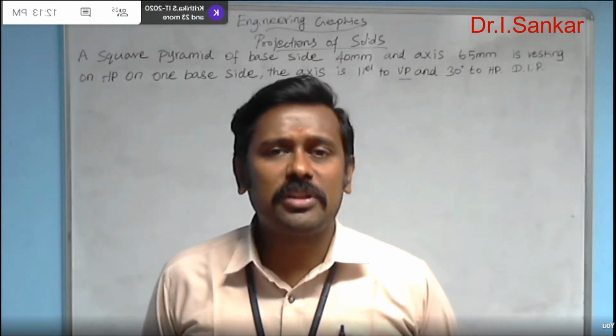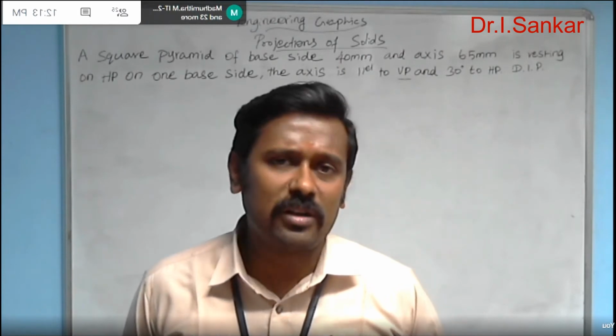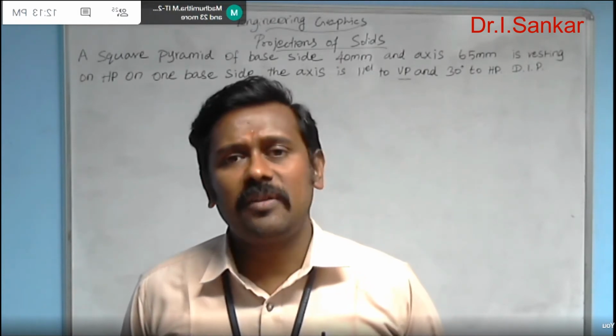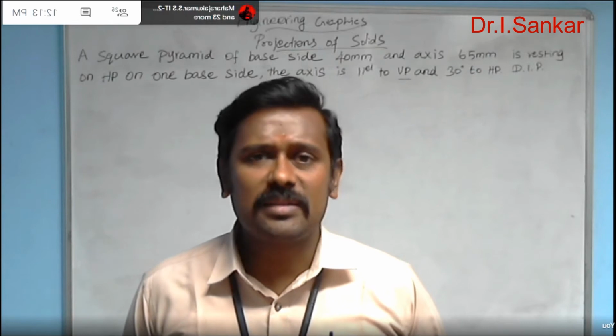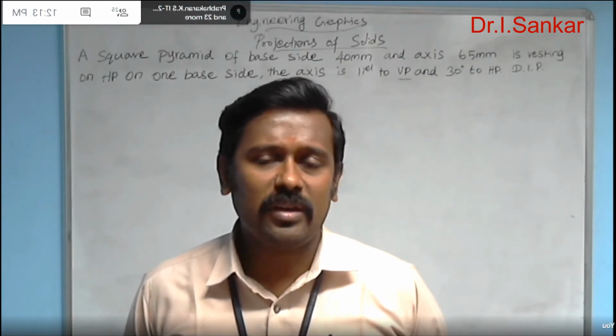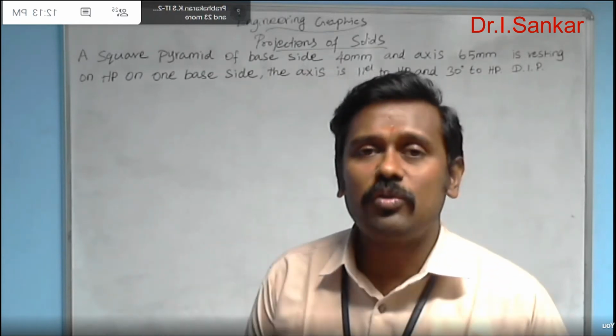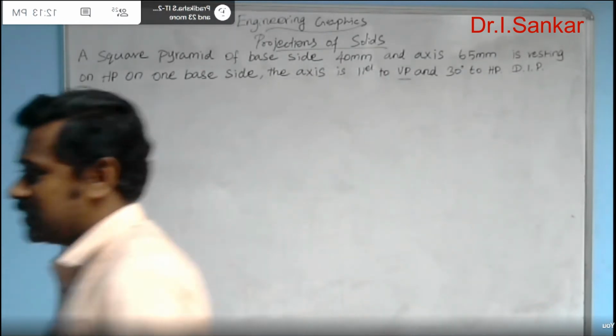By this method, first you need to draw the simple projection of the solid, the simple front and top view of the solid. Thereafter, by using that simple projection, you can go for the final projection. How to do that? Let's see. First of all, you need to draw the XY line.